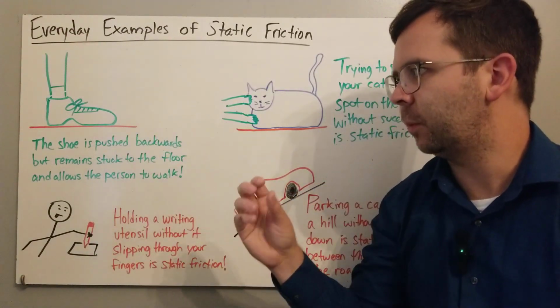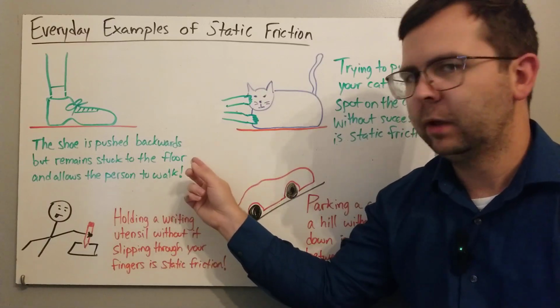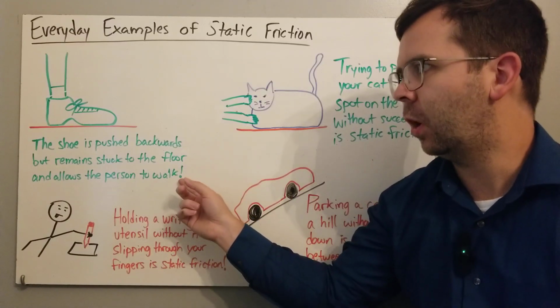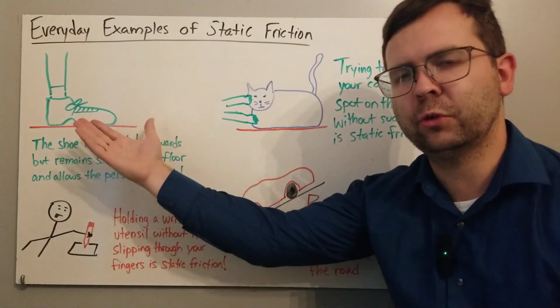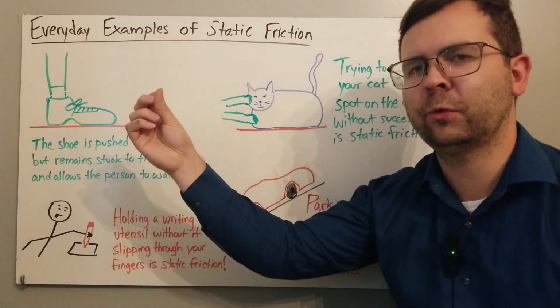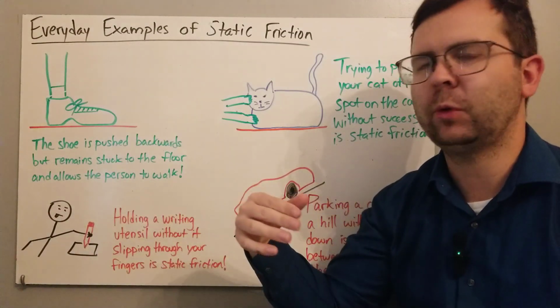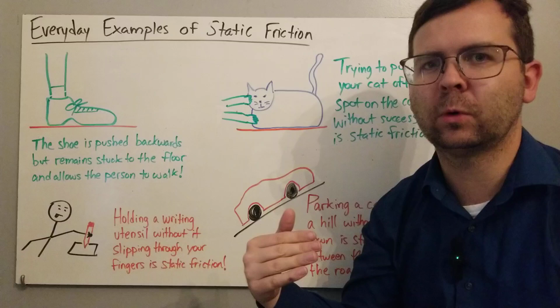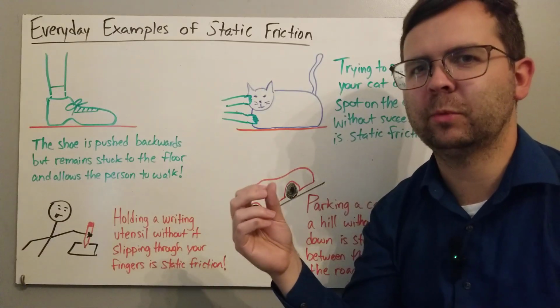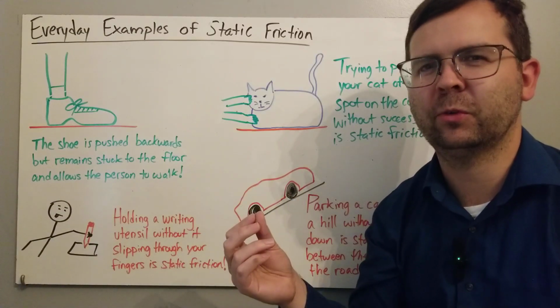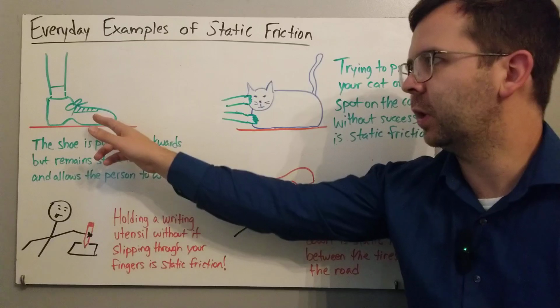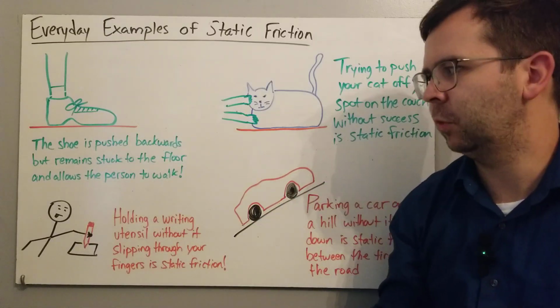The shoe needs to remain stuck to the floor to allow the person to walk. And the only way that the shoe will remain stuck to that floor is through static friction. Now, if you had socks on, for example, and the floor was slippery, maybe there's not as much static friction there because your surfaces are smoother.